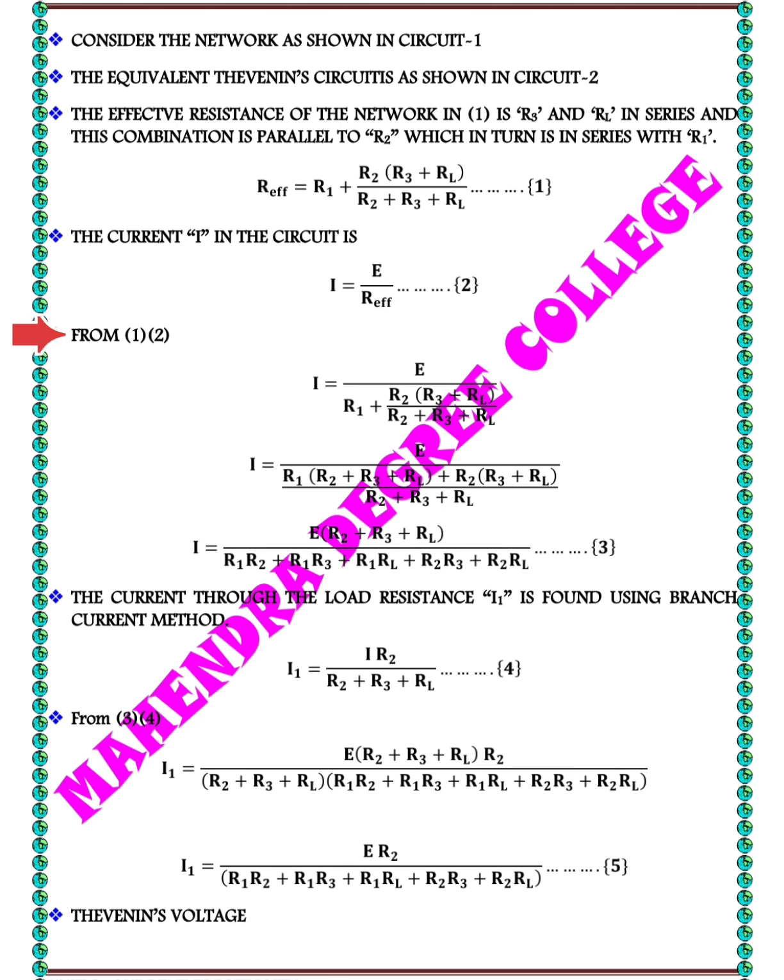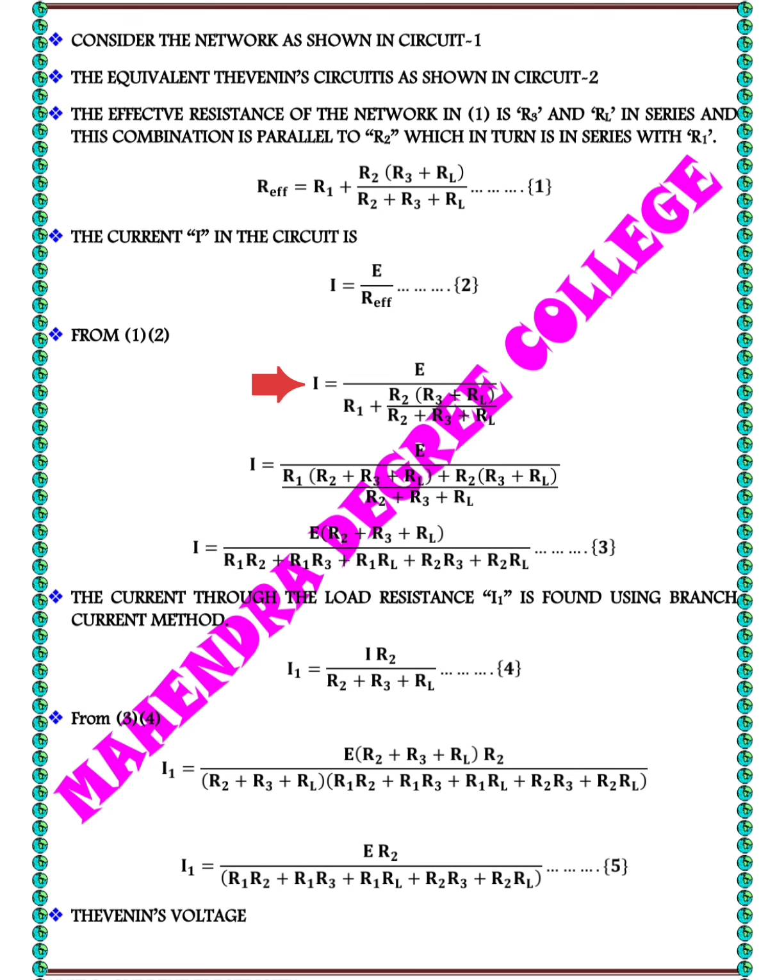From 1 and 2, the effective resistance value is substituted in equation number 2. So, I equals E by R1 plus R2 into R3 plus RL by R2 plus R3 plus RL. The numerator E doesn't change. We take the denominator. In the above equation we take the LCM.